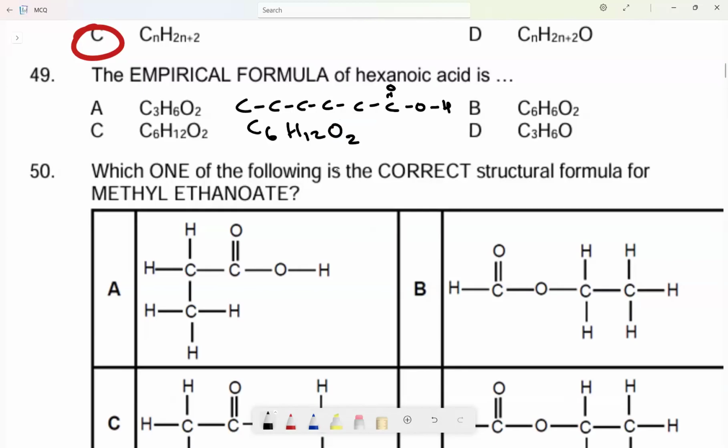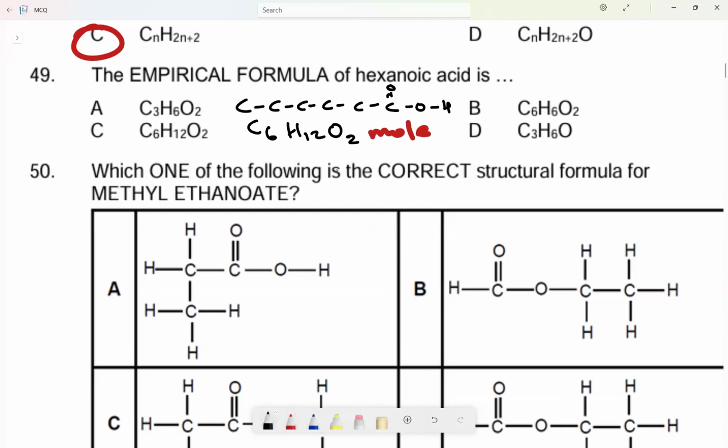O2. When you count there, you can draw this and count, count, count. So it's going to be 1, 2, 3, 4, 5, 6, 7, 8, 9, 10, 11, 12. Exactly. So it's going to be C6H12O2. But an empirical formula is the simplest whole number ratio, and this is a molecular formula. Now for my empirical formula, it should be the simplest.